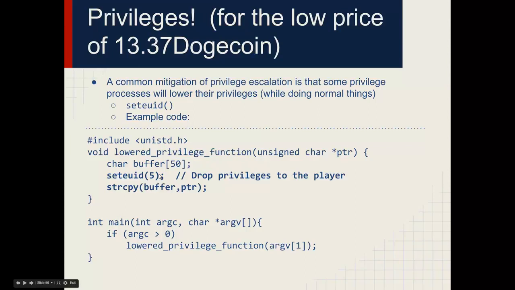If this were run as root, UID would be 0, and by setting effective user ID to 5, it's changing to a non-root user and then performing some code, which in just this toy example happens to be a vulnerable function. But it demonstrates that if this were to be attacked and someone were to pop a shell, it would spawn under the user ID 5.